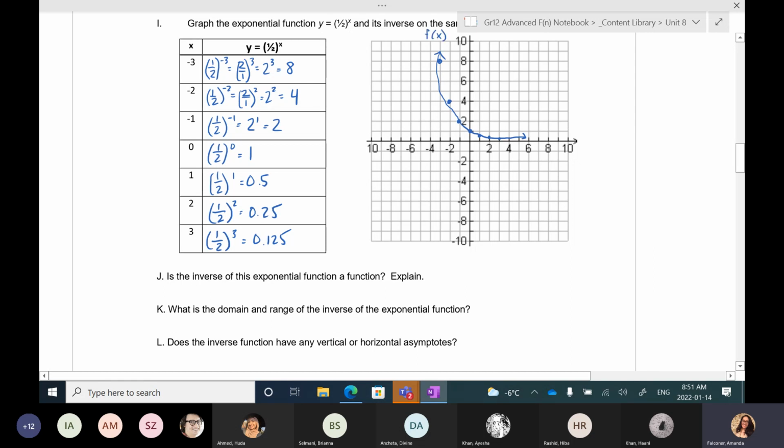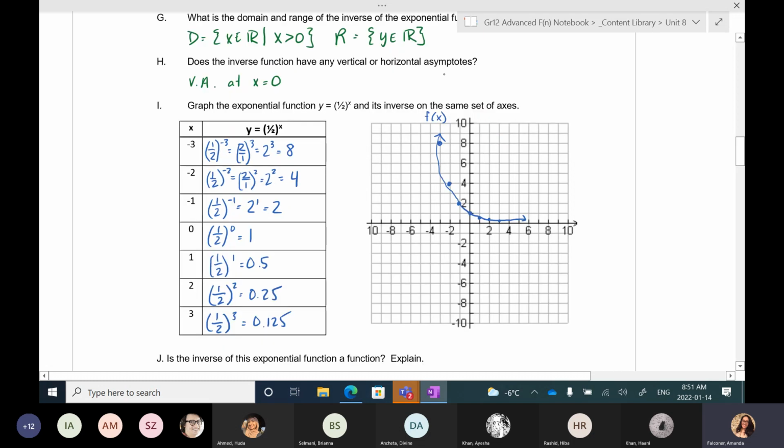The first example that we looked at was a growth, and this is an exponential decay, and that is because our b value, the base of our power here, was between 0 and 1. So the base is less than 1 and greater than 0, so it is decreasing.